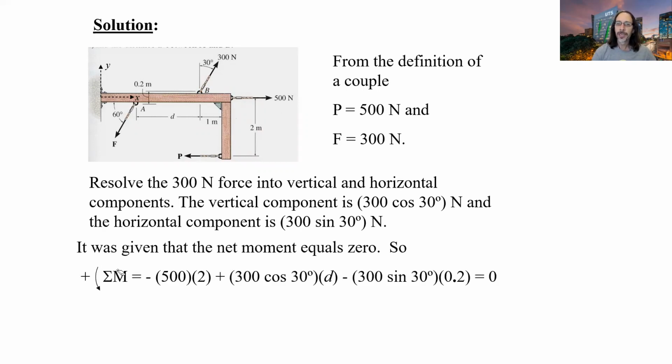So if we do our sum of the moments, we have a couple here. We remember the definition of a couple: the magnitude of a couple is the magnitude of one of the forces times the distance between. That's what we've got here. In my equation, I've shown that we're considering anti-clockwise as positive. This moment here is going clockwise.